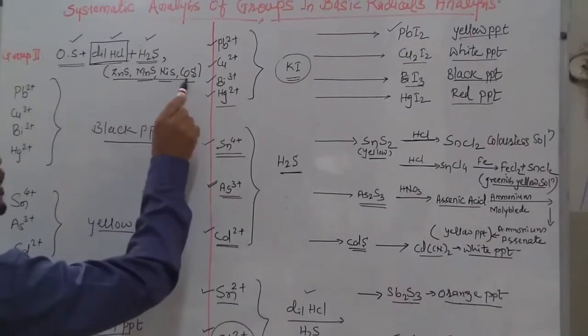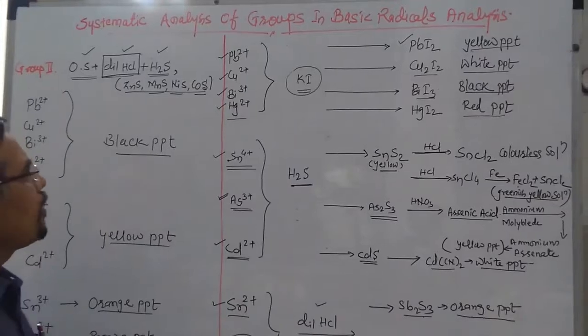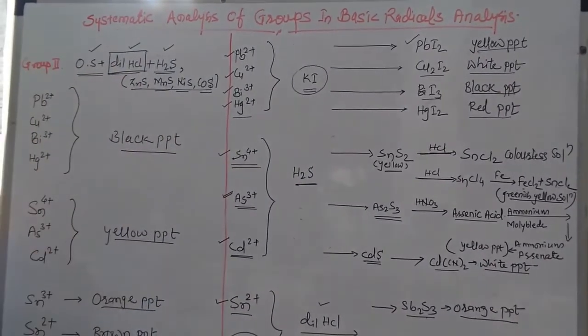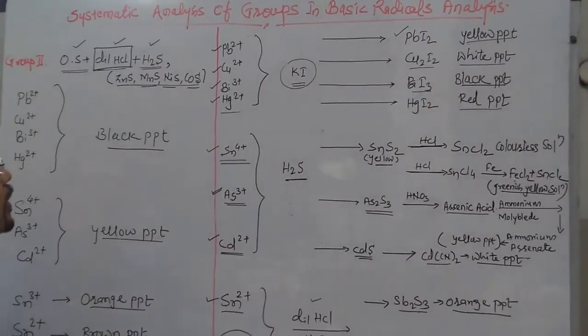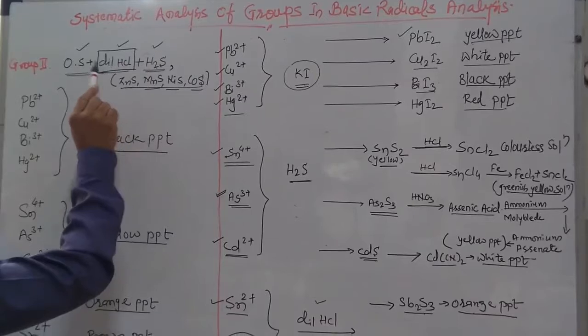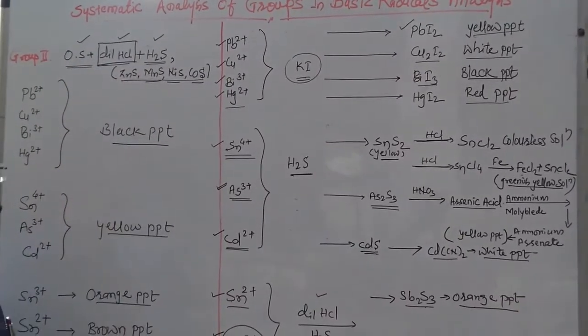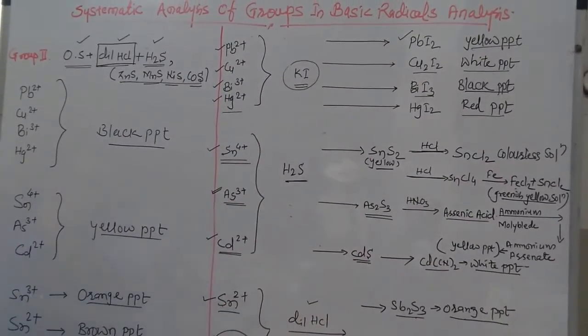Actually, these radicals are present in the higher group, that is group 3B, but they are detected here only because less quantity of dilute HCl is added. So add proper quantity of original solution with dilute HCl and H2S, and then we get the group 2 radicals.